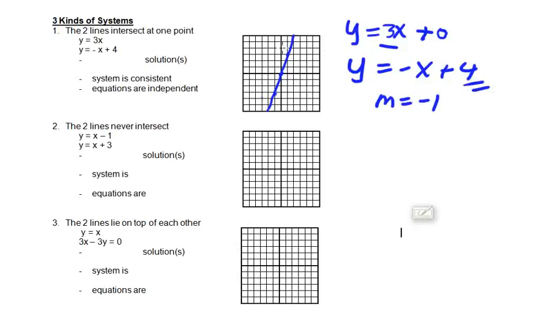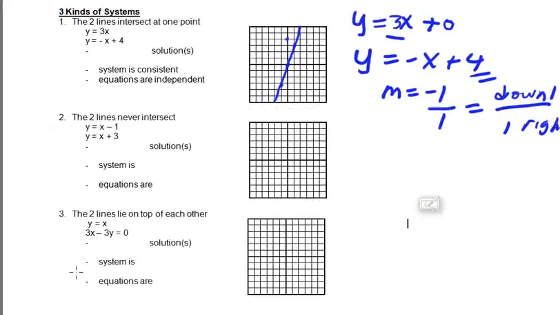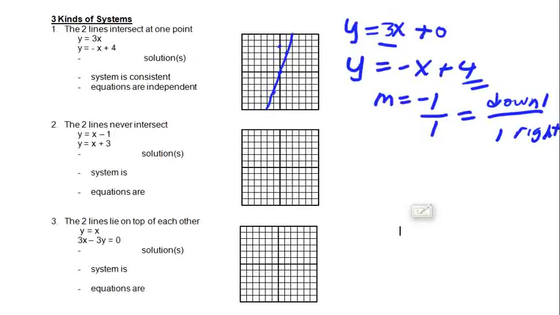So we are going to anchor ourselves at the point (0, 4) at the y-intercept, and then draw a line with a slope of negative 1, which means that the negative 1 in the numerator indicates we are going to go down 1 and 1 to the right. So again, starting at that anchor point of (0, 4), we draw going down 1 and 1 to the right, continuing down 1 and 1 to the right, and so on until the line is drawn.